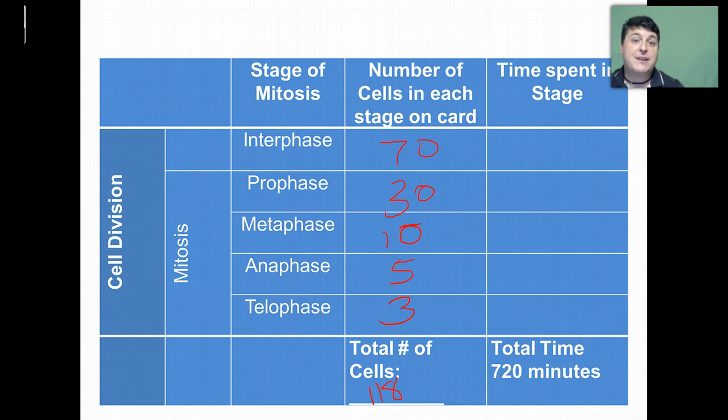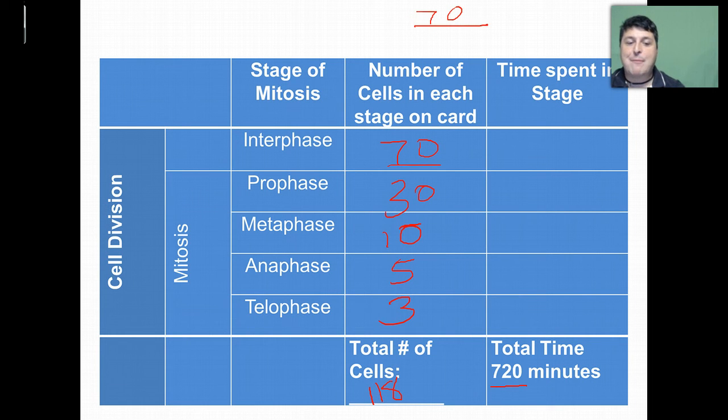So we're going to assume that the number of cells in that particular stage is equal to the fraction of the time that it's in cell division. For onion root tips, it takes approximately 720 minutes for it to complete. So to figure out how long it's in each stage, what you're going to do is you're going to take the number in that stage. So like for interphase, it would be 70.